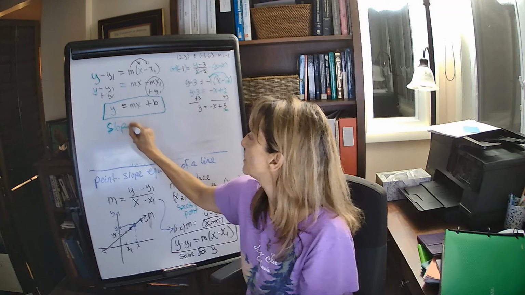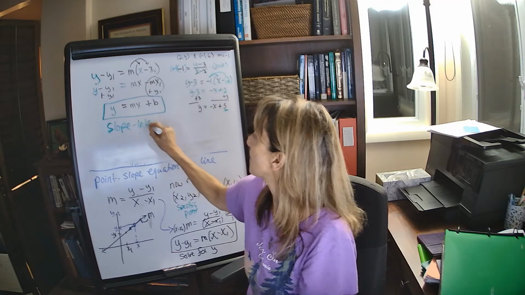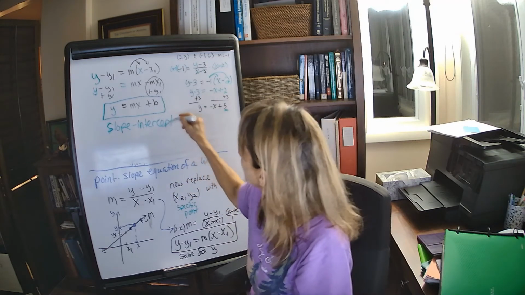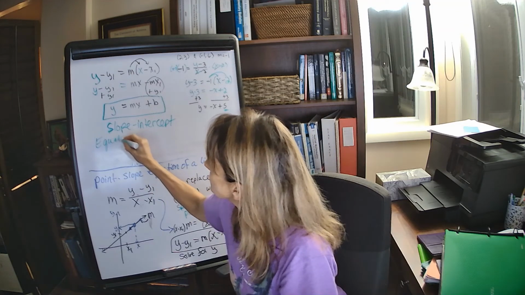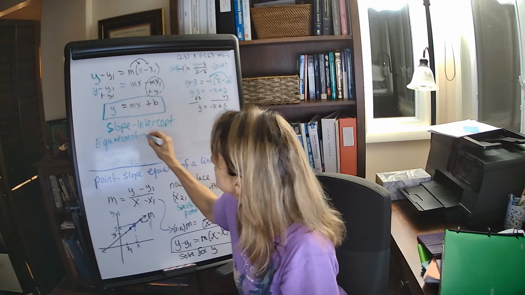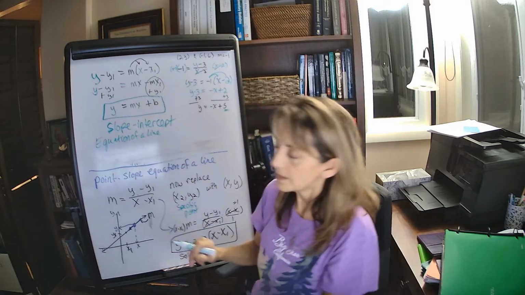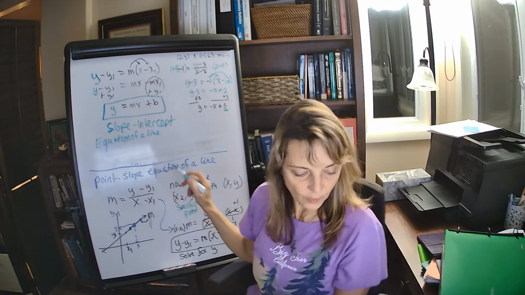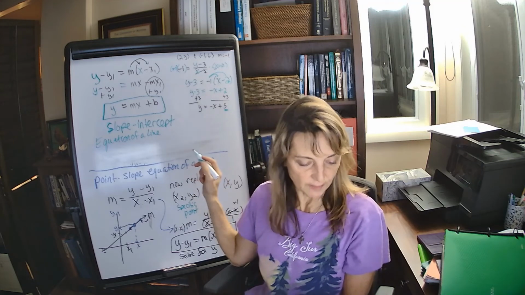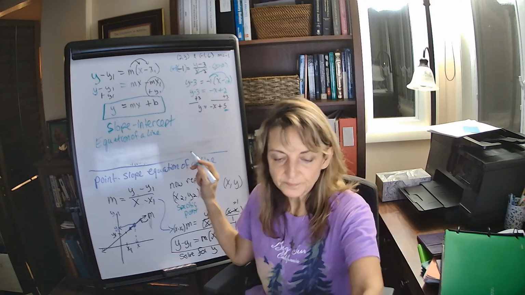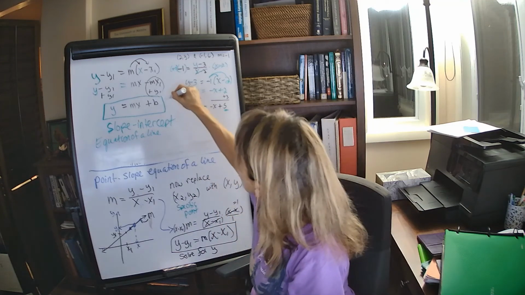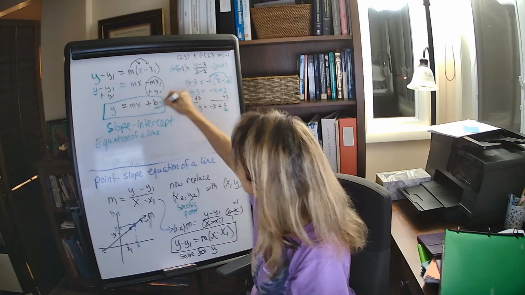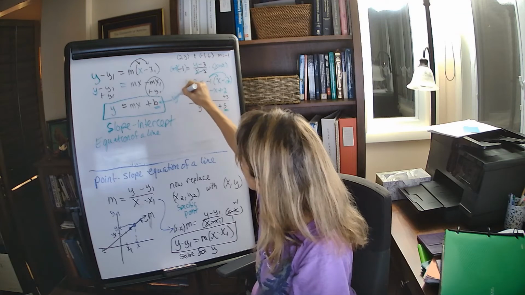Now, the reason that we call it the slope-intercept equation of a line is because the b right here is the y-intercept.